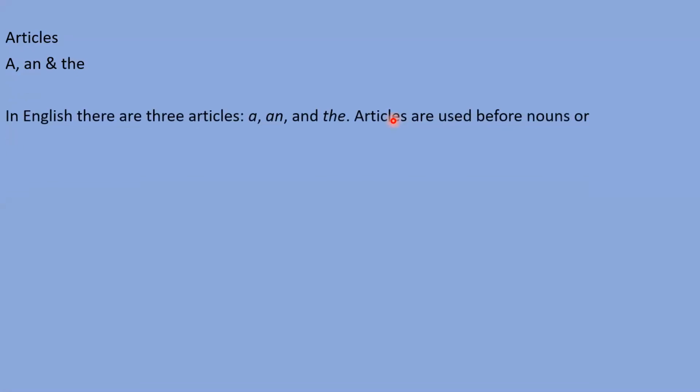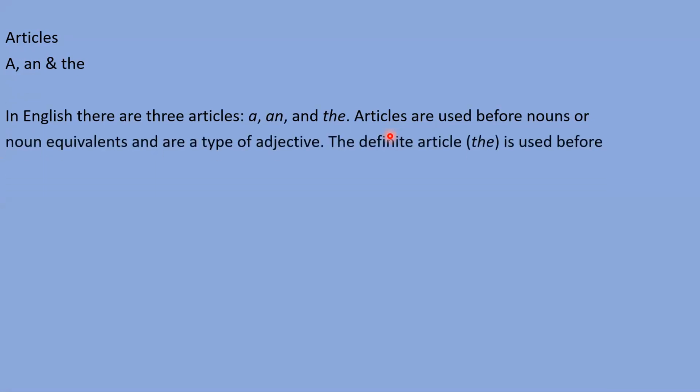Firstly, let's talk about the articles. Articles: a, an, and the. Right? So we know that these are the articles. Now understand this point. In English, there are three articles: a, an, and the. Articles are used before nouns or noun equivalents and are a type of adjective, right?